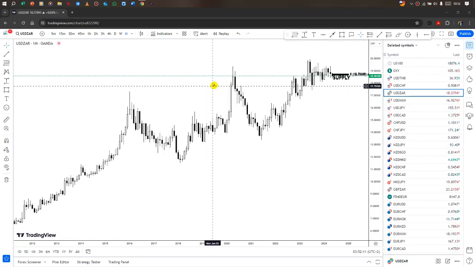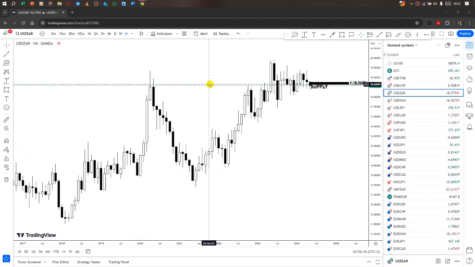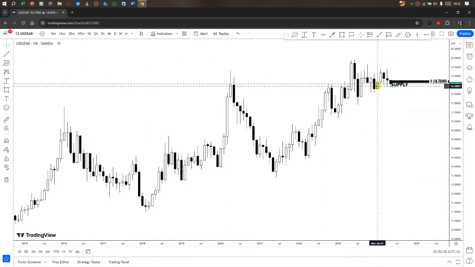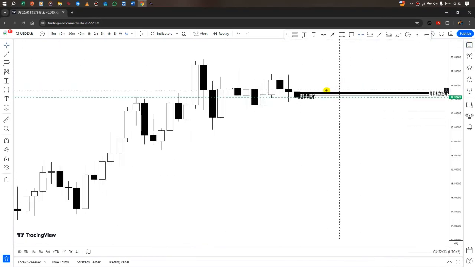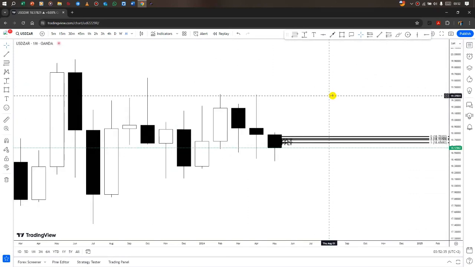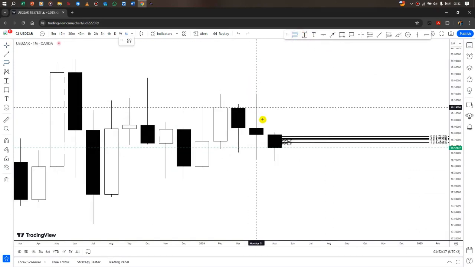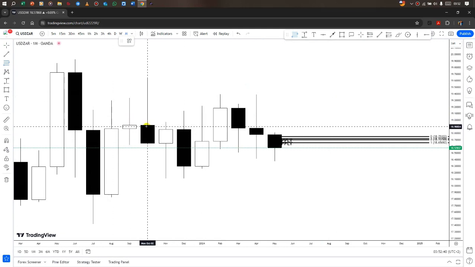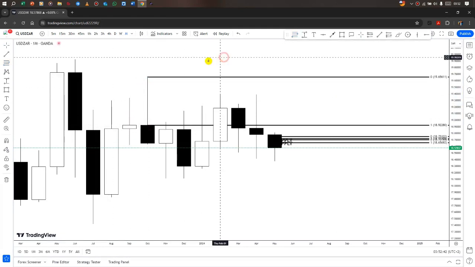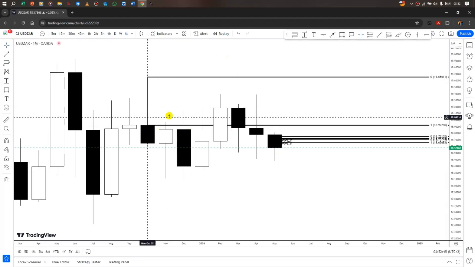As you can see, currently I'm on the USDZAR chart. Like I said, first thing first that you do, always perform top-down analysis on your approach. I'm on the USDZAR monthly time frame. So we'll firstly check where the price is currently rejecting from. USDZAR is currently rejecting from this hidden monthly supply zone around this area here.